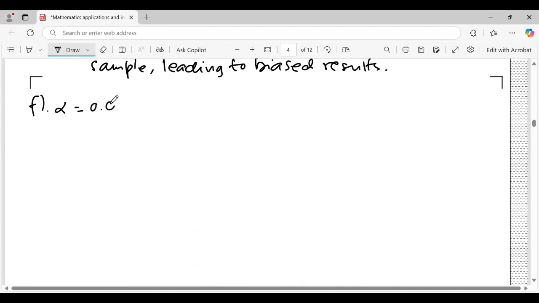Alpha equals 0.05, while the p-value is 0.0897. So it means p-value is greater than alpha.